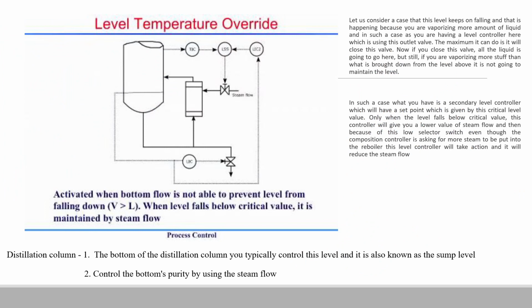And then in the class we had discussed another example of the level temperature override, whereby we had to control the level of the distillate tank by manipulating the outlet flow rate.